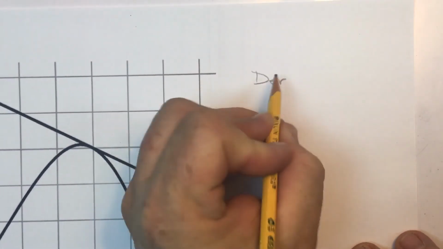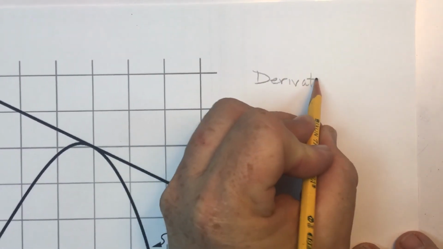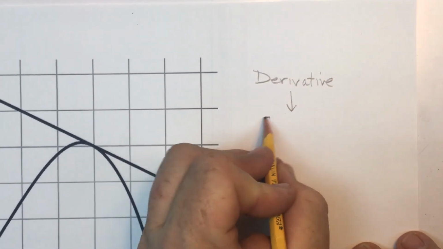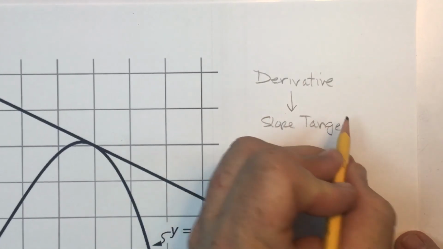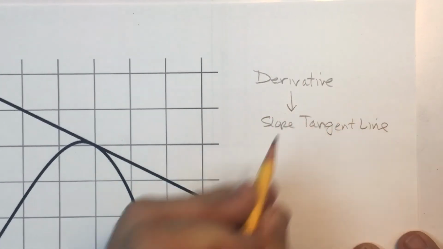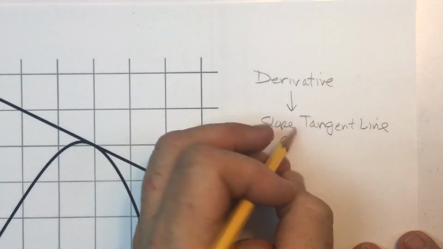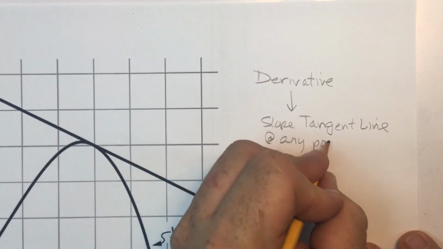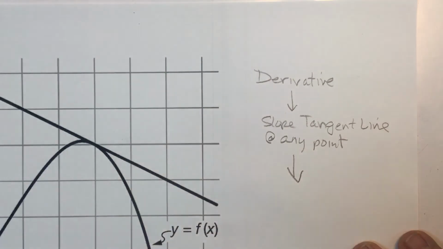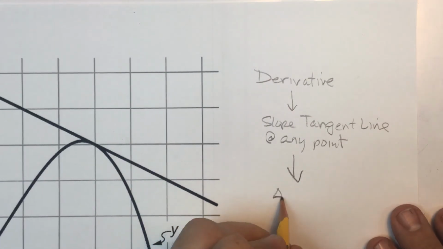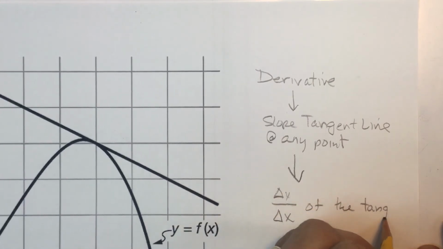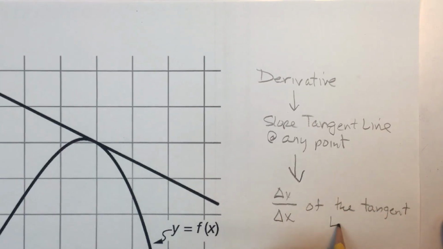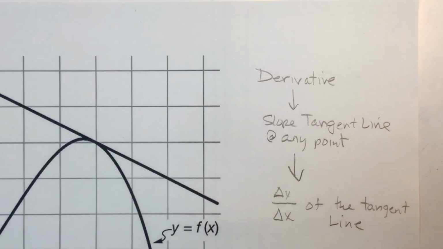The derivative is the slope of the tangent line at any point, which is the same as the change in y over the change in x of the tangent line. Okay?